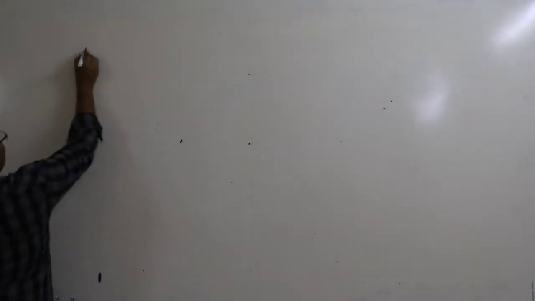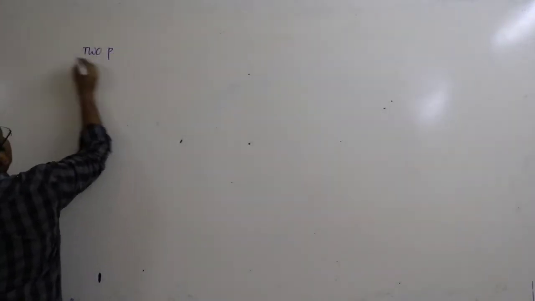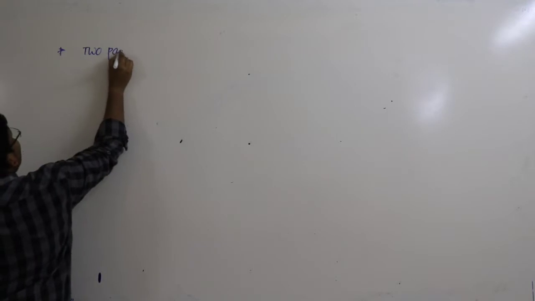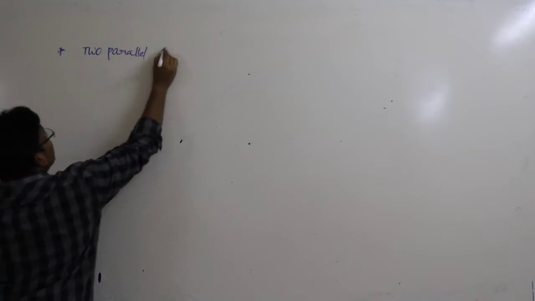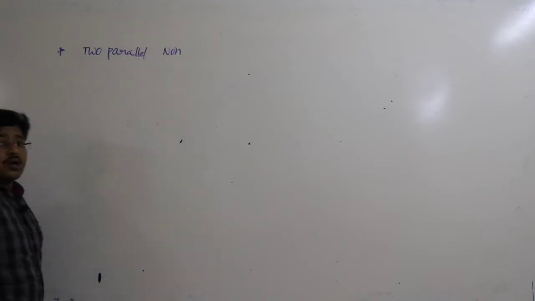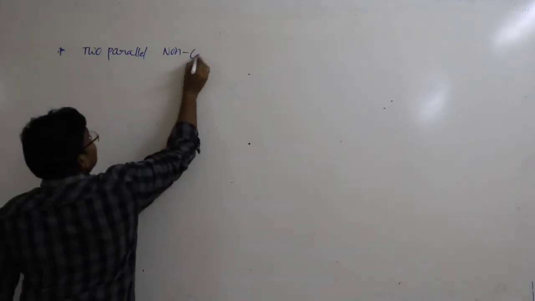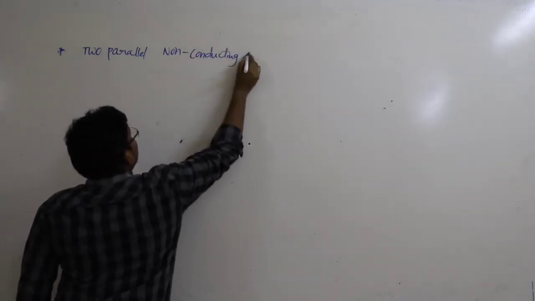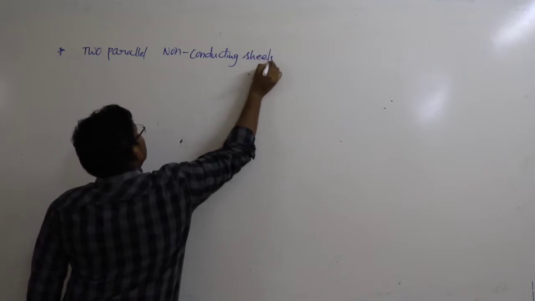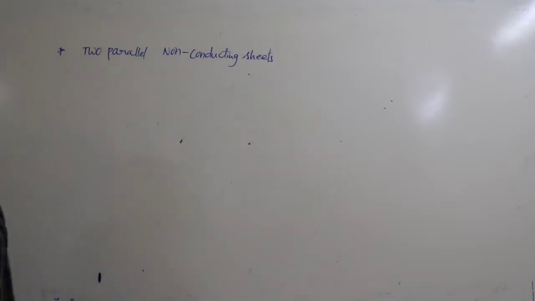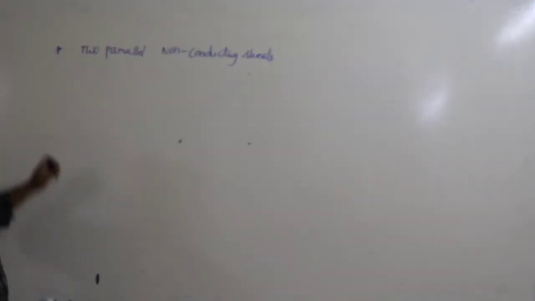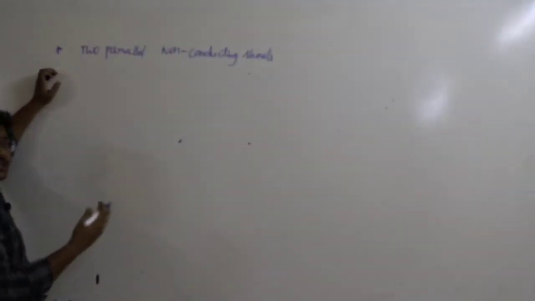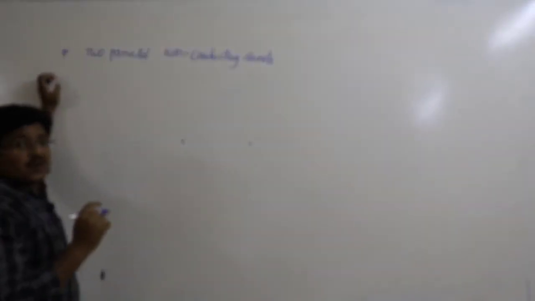See, two parallel non-conducting sheets or plates are taken, whose surface charge densities are sigma 1 and sigma 2.